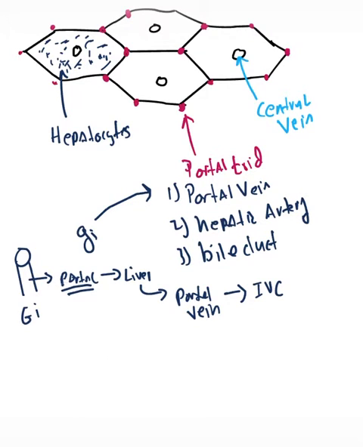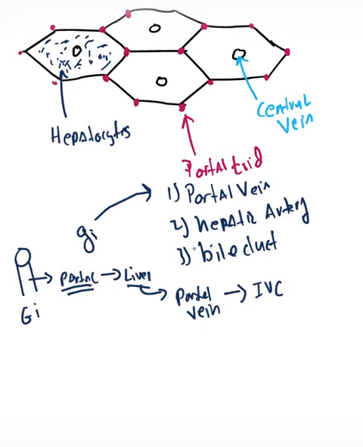So instead of going from the GI tract to the heart, and then the heart circulating it until it eventually makes its way to the liver, the circulation is designed, or not designed, evolved rather, to go from the GI tract via the portal circulation right into the liver, so it can be metabolized very quickly and very early on following absorption.